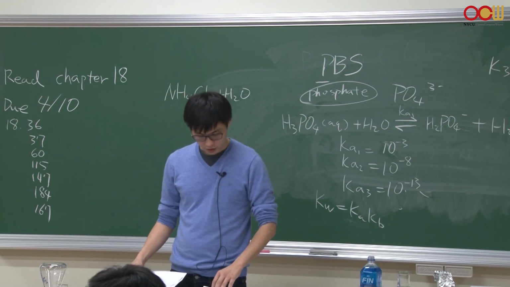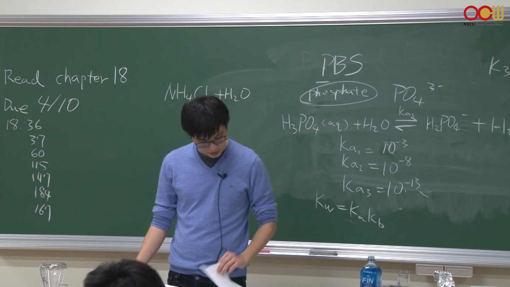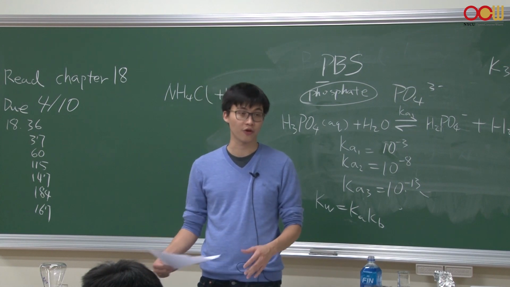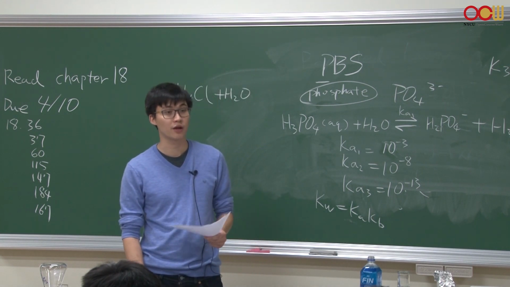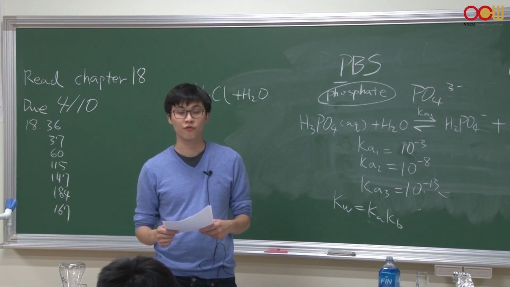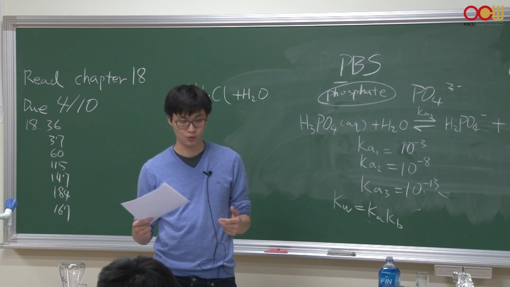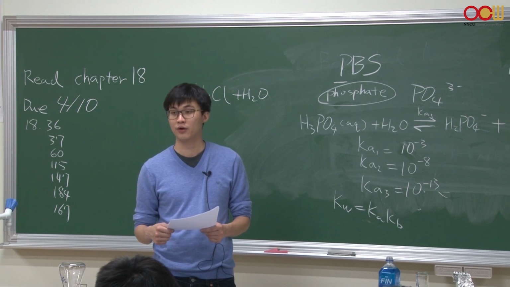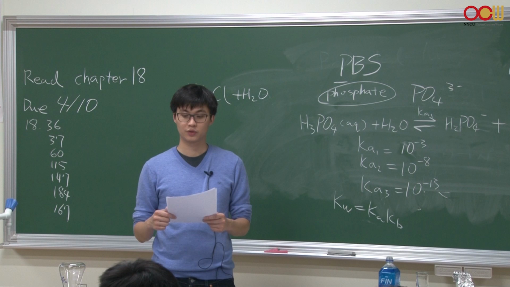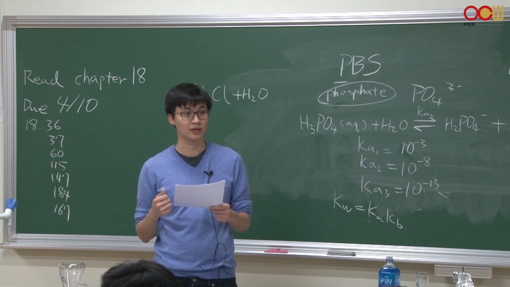So finally, we will briefly discuss Lewis acid and base, which is different from Arrhenius and Bronsted-Lowry. The Lewis acid and Lewis base concept refers to the ability to donate or accept an electron pair. The one that can accept an electron pair is the acid.